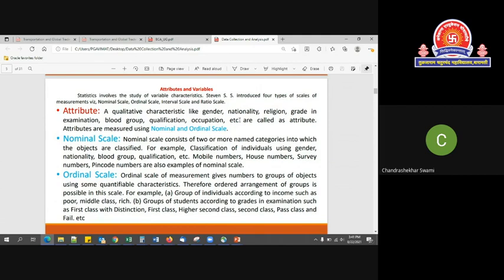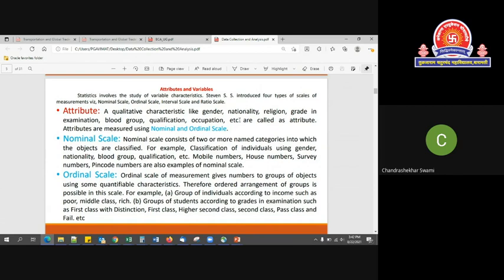This type of scale of ordering or classifying things or groups of people is called the ordinal scale.